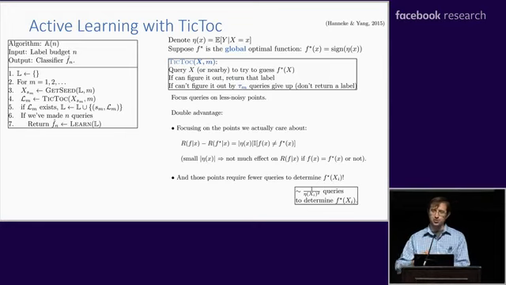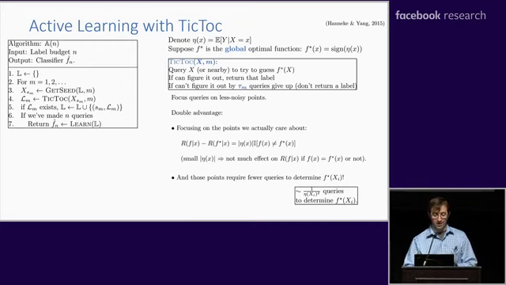And you can use them to do a sequential hypothesis test, maybe with some reasoning involving Hoeffding's inequality, to figure out whether the eta value, the expected value of y given x, is bigger than 0 or less than 0. If it's bigger than 0, I'm going to infer that this is a positive. If it's less than 0, I'm going to infer that this is a negative and return that label.